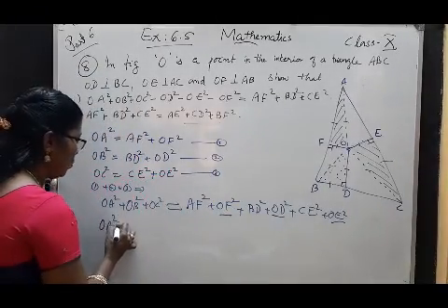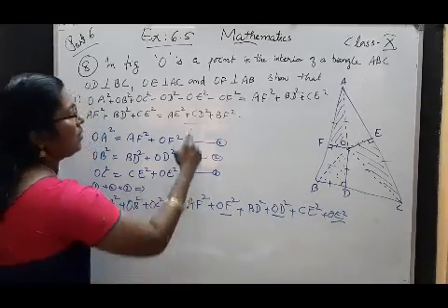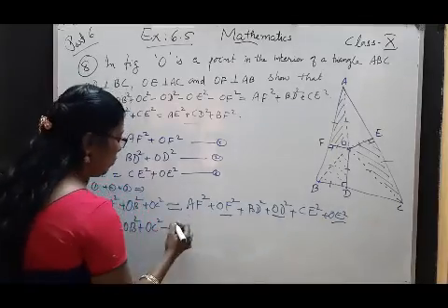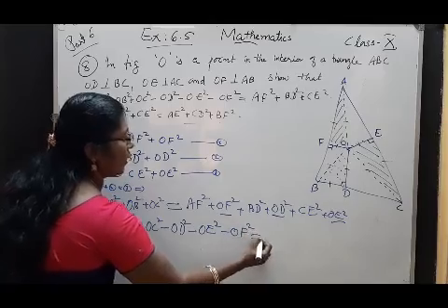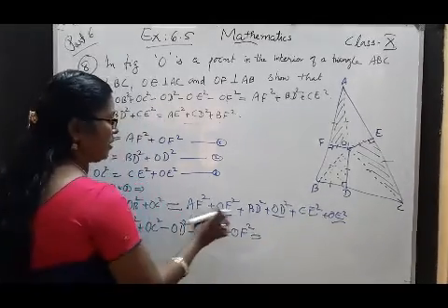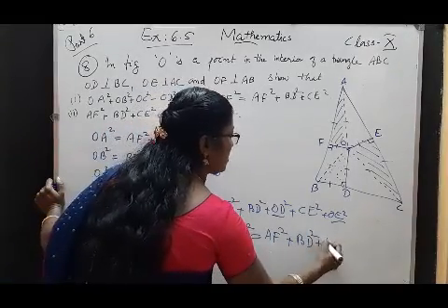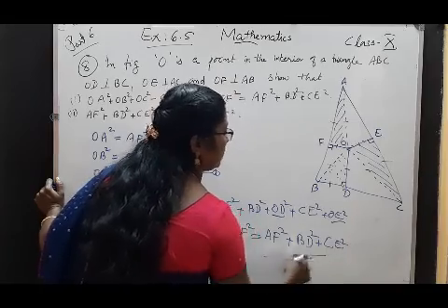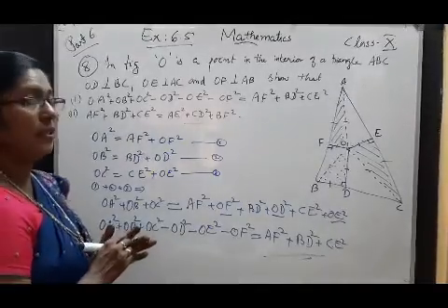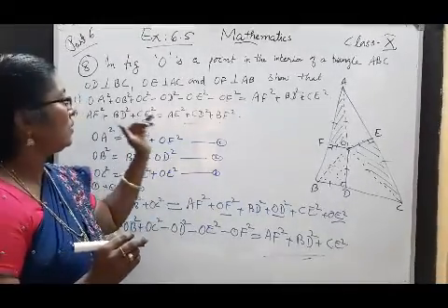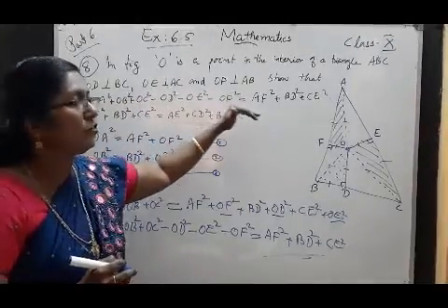OA square plus OB square plus OC square minus OD square minus OE square minus OF square equals, transposing these 3 to the left side, the remaining AF square plus BD square plus CE square. Hence proved. Okay, clear? When we take the triangles, observe carefully.